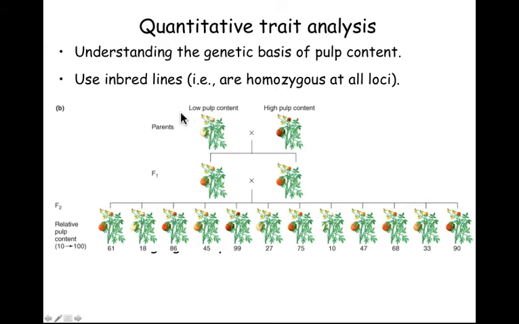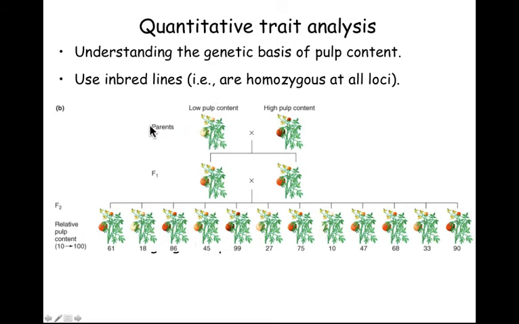And we have one of these lines which has very low pulp content, and one that has very high pulp content. And the idea is that if we do a cross between these two, we should be able to see the effect of whatever genes are causing the high pulp content here, and whichever genes are causing the low pulp content here. We should see these segregate in an F2.